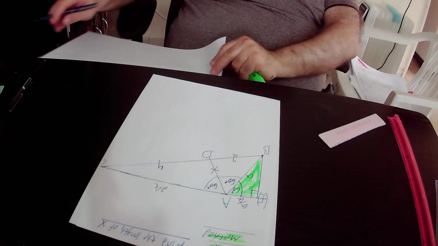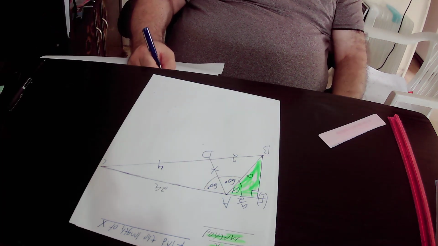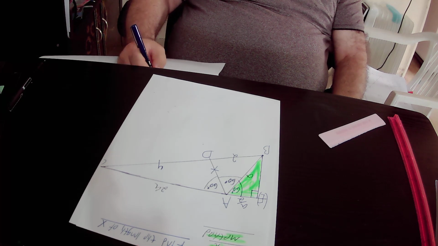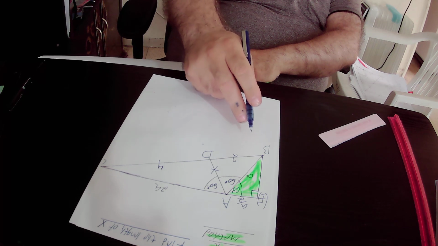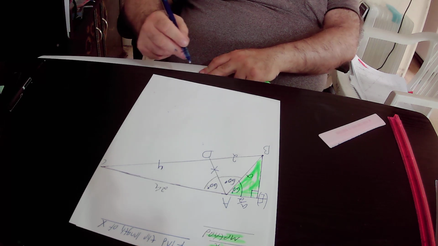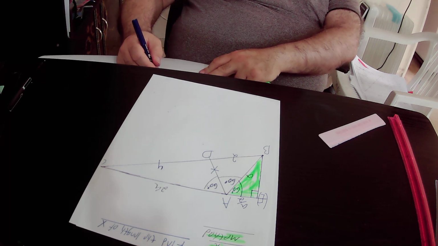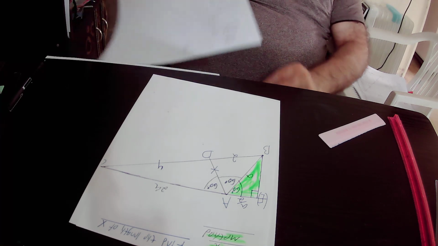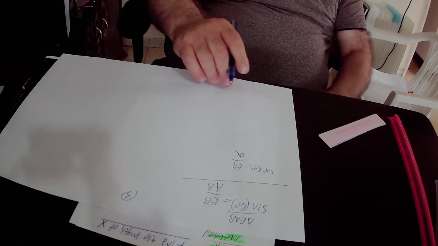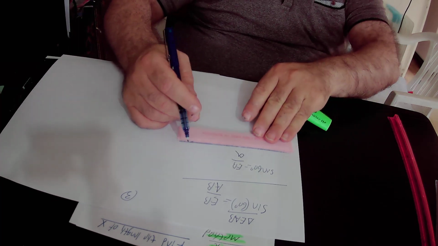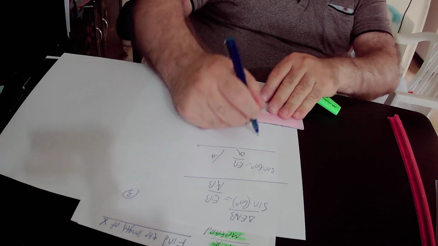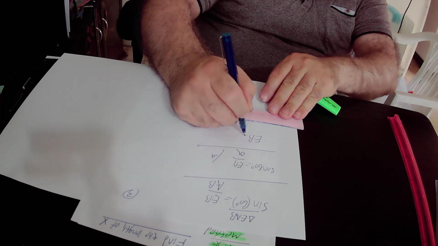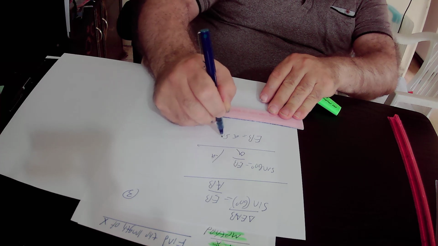So sine 60 degrees equals EB over AB, but AB equals A according to what is given in the question, so we can substitute AB by A. We get that sine 60 degrees equals EB over A. Here we'll multiply this equation by A, and we'll get that EB equals A times sine 60 degrees.